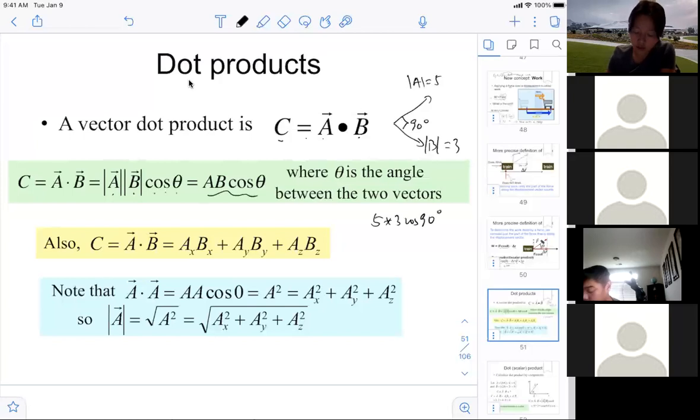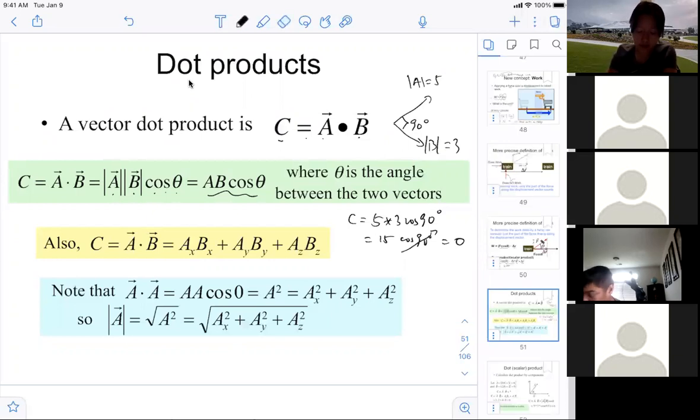This is the definition. A dot B simply becomes 15 times cosine 90. It turns out cosine 90 is 0. So any vectors that are perpendicular to each other will give you a 0 dot product, okay? That also shows that if you have a force perpendicular to your displacement, then the force does no work.